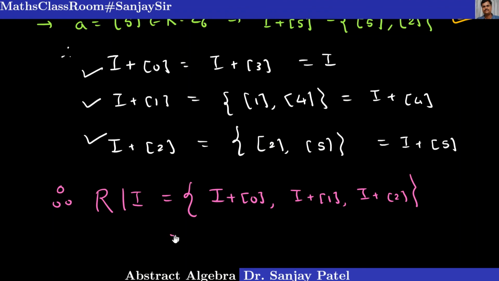This set is actually a ring, which we are going to prove in our next lecture, and this ring is known as the quotient ring. We are going to prove the fact that for any ideal I in the ring R, R mod I is always a ring with respect to two special binary operations which we are going to define there. So till then, goodbye and thank you.